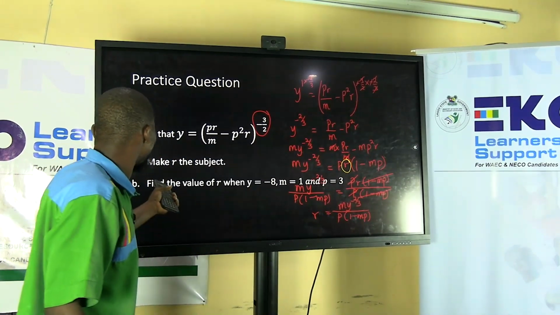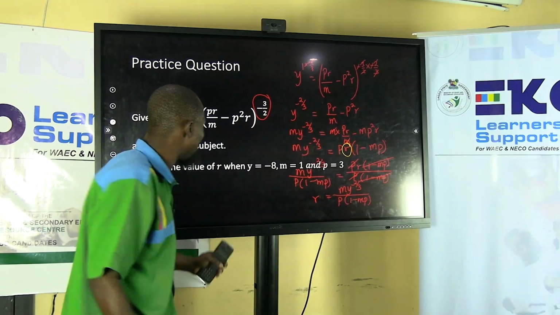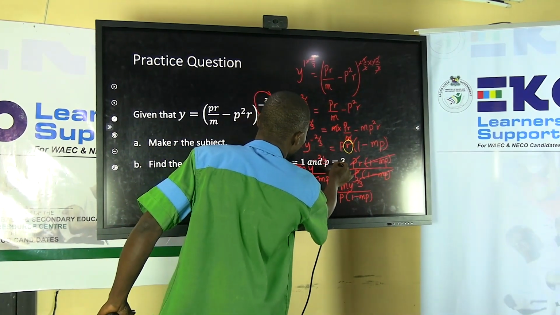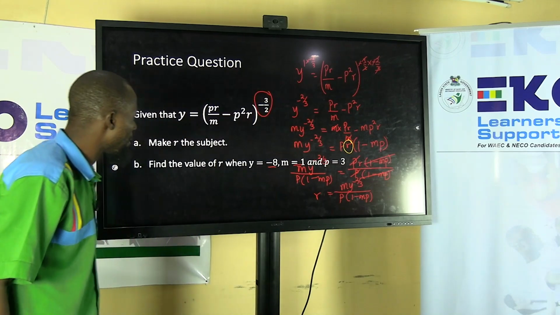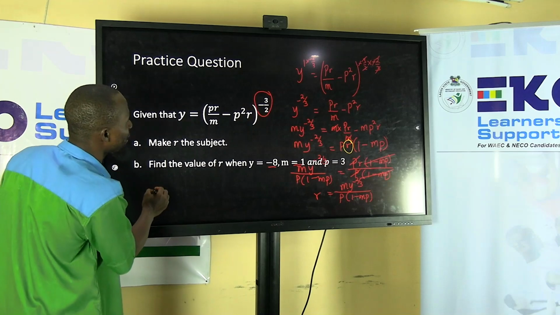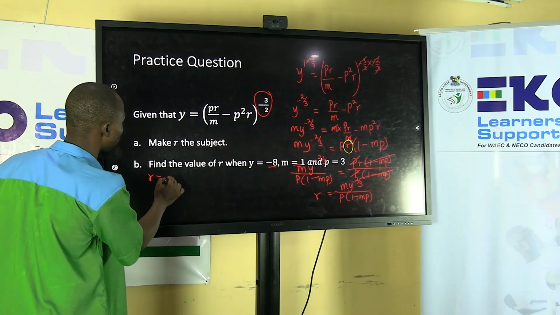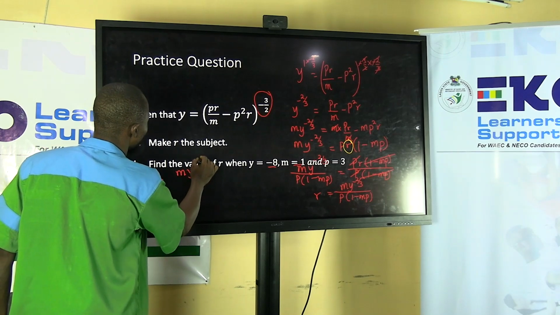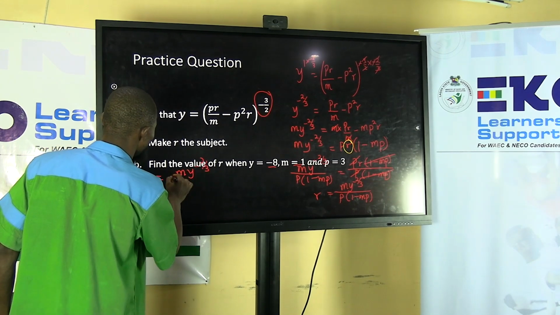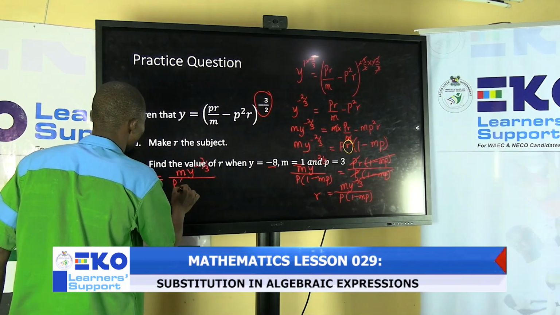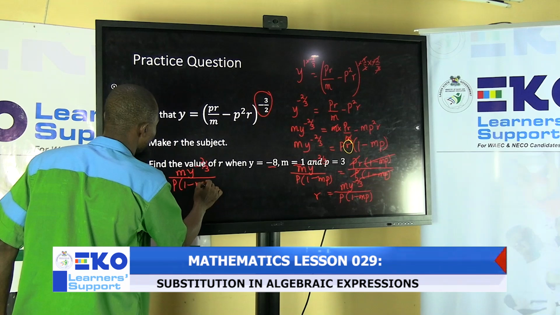So the next thing is find the value of r when y is minus 8, m is 1, and p is 3. Okay, so can we quickly do that? Don't forget the value of r, we have got that to be my raised to power minus 2 over 3 divided by p into bracket 1 minus mp.